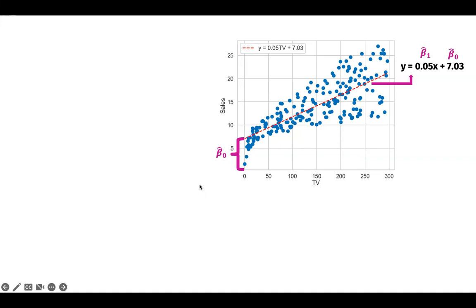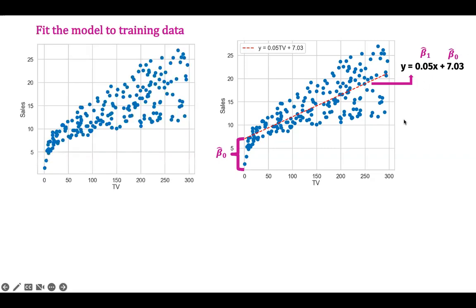So if there was no beta naught, this line will be here, I mean, much lower. Okay, so suppose we have this fit, and this fit was found using the estimated beta 1 and beta naught.